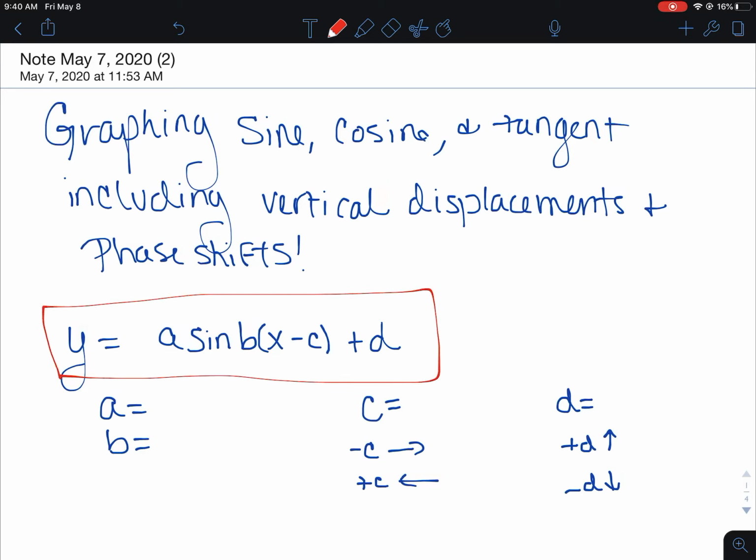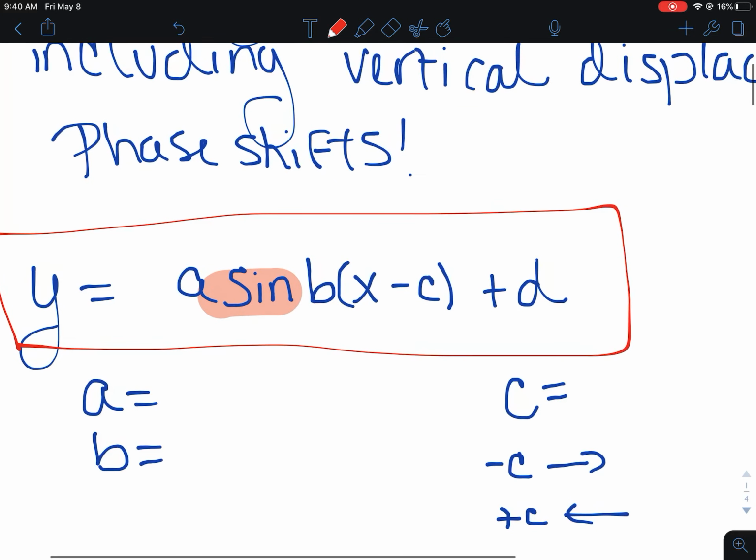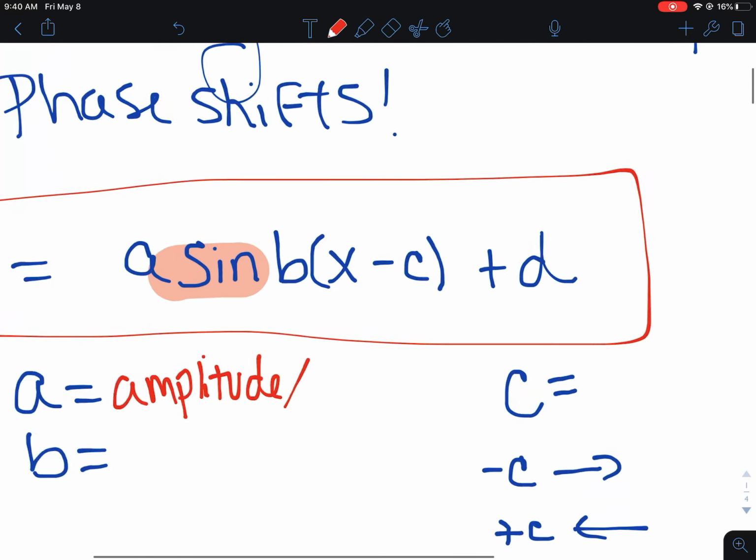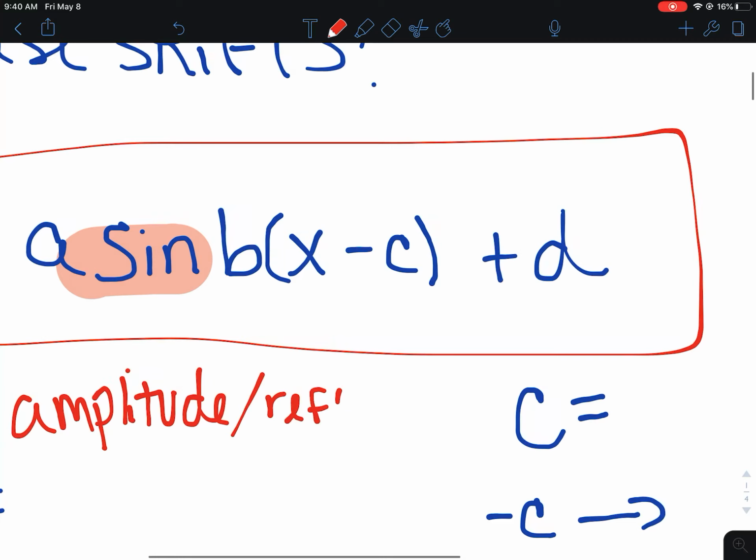All right, so if you remember, this is the transformation form of our trig function, and this sine could be replaced with cosine, with tangent, with secant, cosecant, everything works the same way, okay? So we talked about A being the amplitude, and also the reflection.